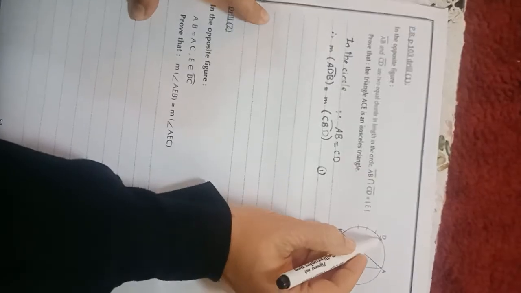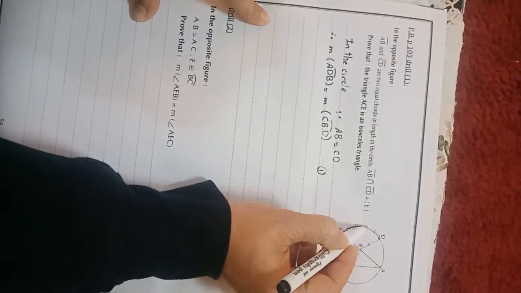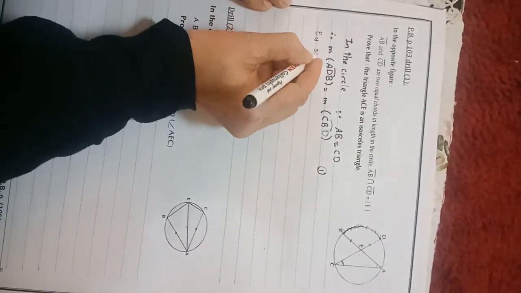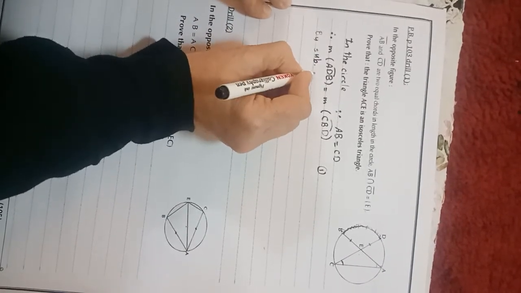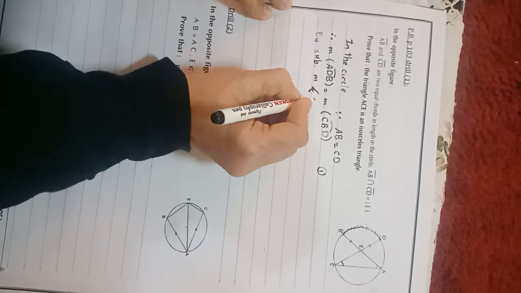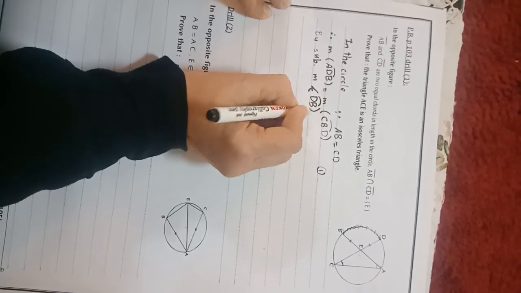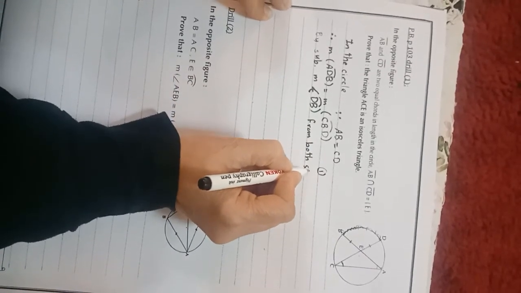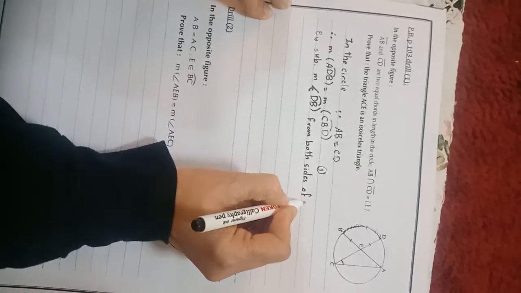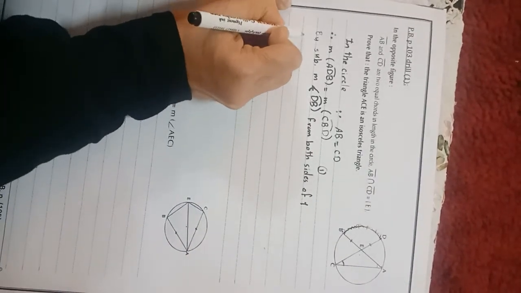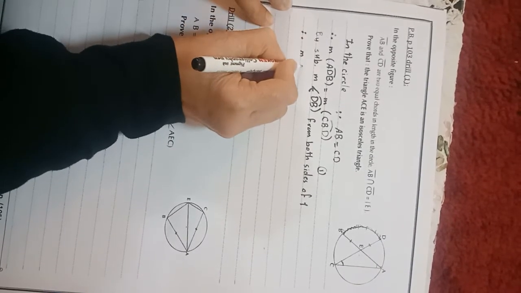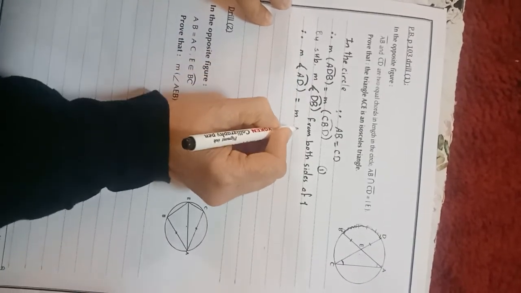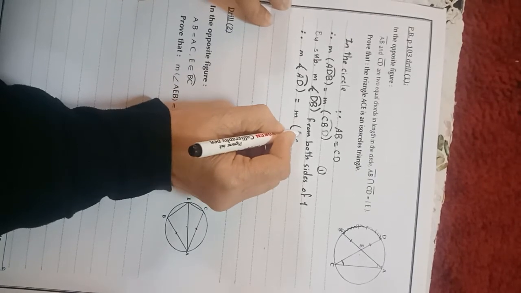Okay, by subtracting the common part of the arc, measure arc DB, from both sides of one, therefore measure arc AD equals measure arc BC.